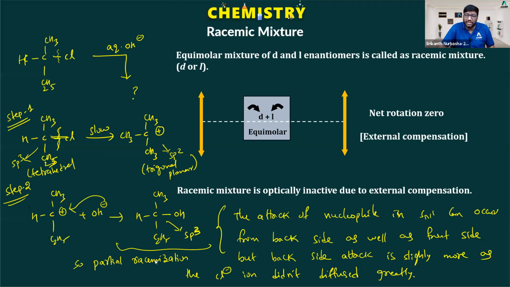Like we can say 70% back attack and 30% front attack. In that case, you can say partial racemization is going to happen. So that is the importance of this concept. Knowing racemic mixtures and all, you can understand or predict what happens in the stereochemistry as the reaction has been done, right?